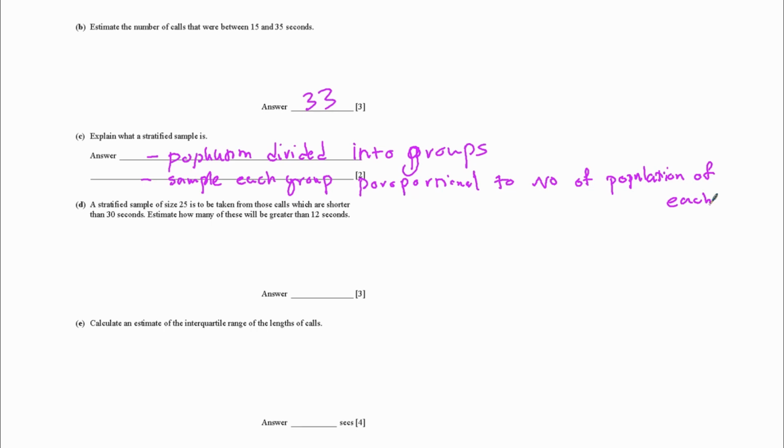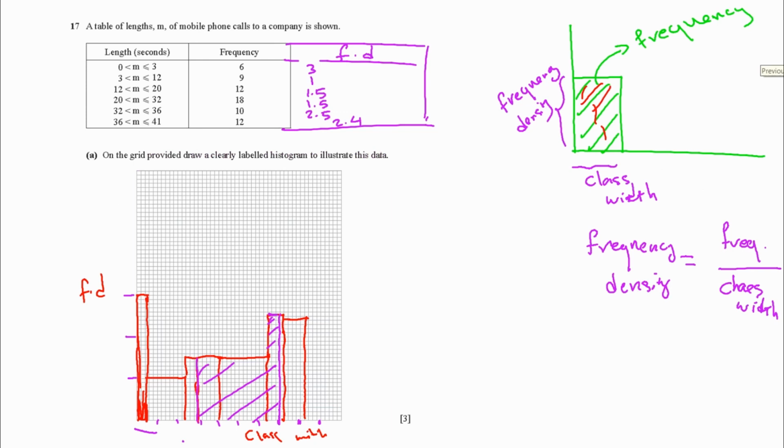So the total number is 25, and this is going to be taken from calls which are shorter than 30 seconds, and we want to see how many are greater than 12. I'm just going to write the information here. Total sample is 25, less than 30. We want to see how many are larger than 12.